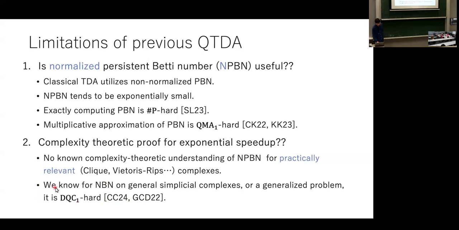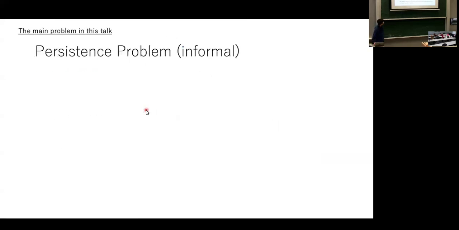The closest known result is that the complexity of normalized Betti number estimation for general simplicial complexes, or some generalized problem, is known to be DQC1-hard. But we do not know this kind of hardness result for the Rips complexes. Those are the two key limitations of the previous studies of quantum TDA.